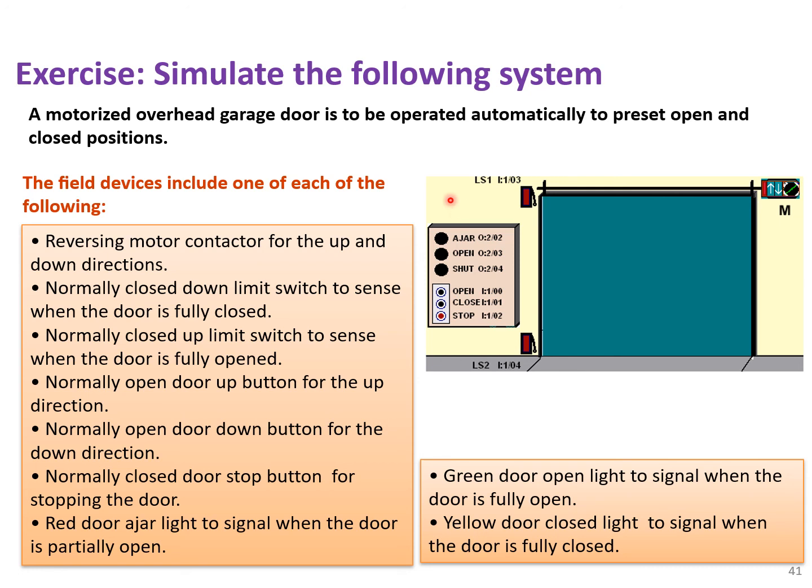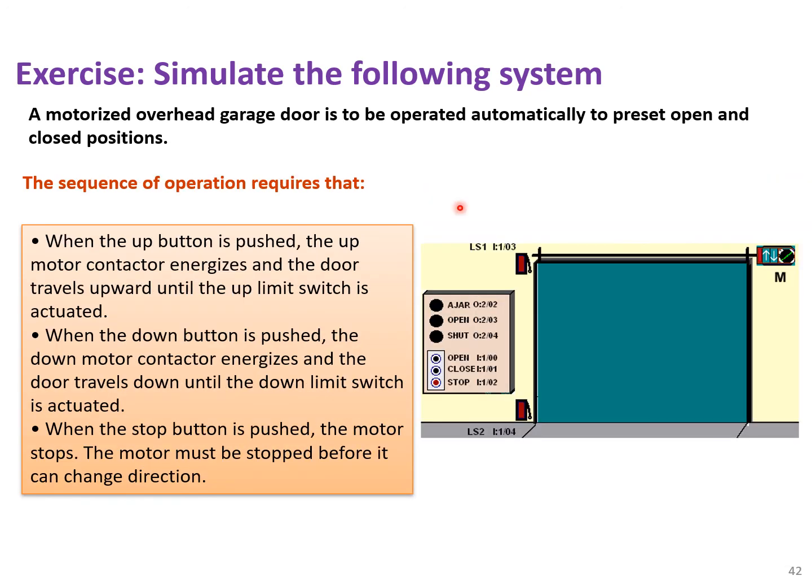And you should come up with a program which could satisfy the needs of our design. What is the sequence of operation we need? In your program, when the up button is pushed, the up motor contactor energizes and the door travels upward until the up limit switch is activated.